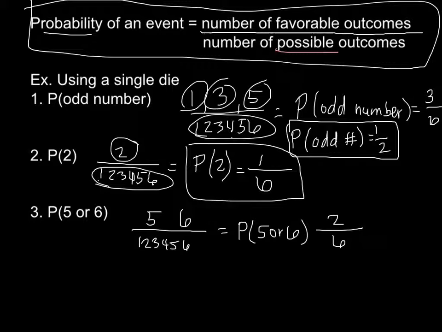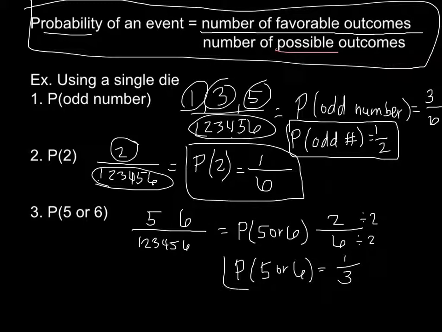Now I need to reduce. So the probability of 5 or 6, if I divided by 2, would be 1/3. So I have a 1 in 3 chance. That's how we say probabilities. 1 in 3 chance, 1 in 2 chance, 1 in 6 chance, and a 1 in 3 chance of getting a 5 or a 6 for this event. Okay?